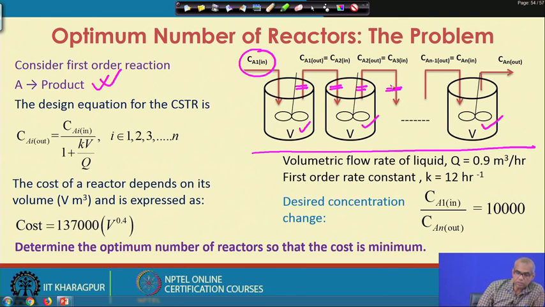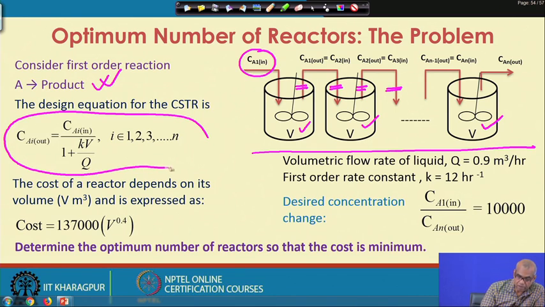The design equation for the CSTR is given as CAi out equal to CAi in divided by 1 plus kV by Q, for i equal to 1, 2, 3 up to n.